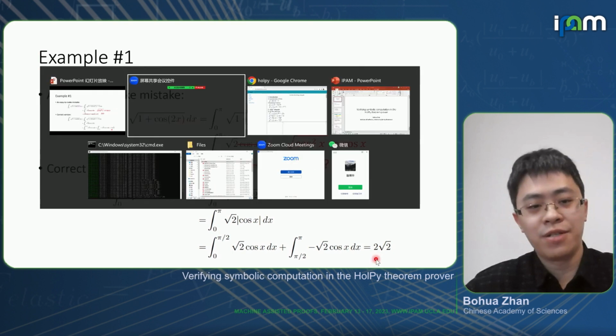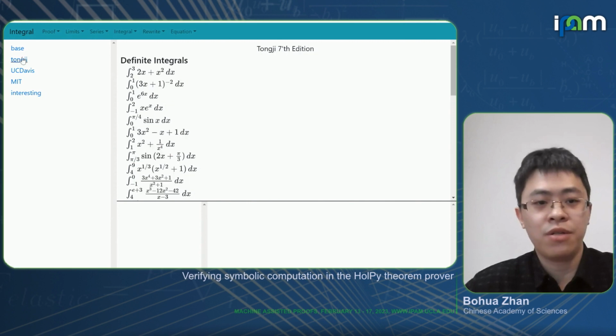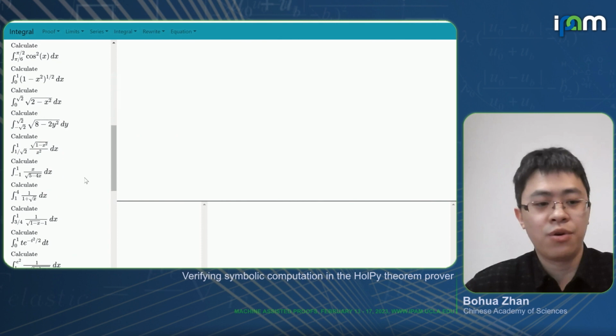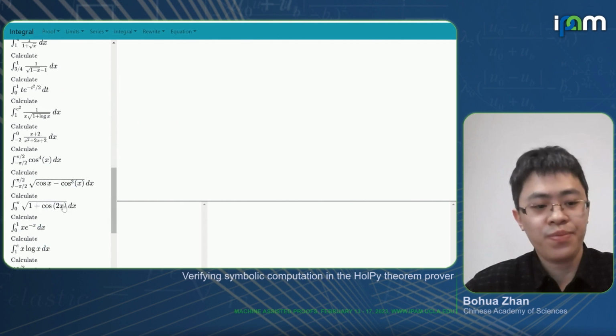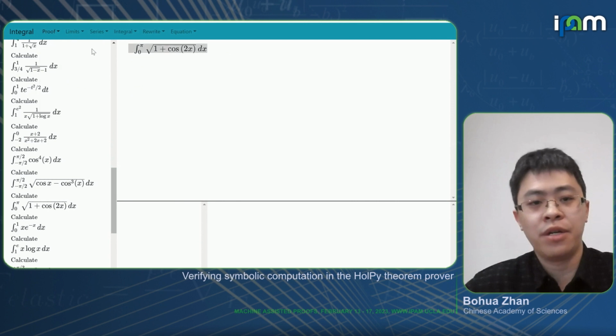Okay, so now let's see how we can do this integral in our tool. This is the user interface here, and we just go to the integral that we want to do. This is already done, so I just clear the calculation here. Starting from this expression, the first step that we need to do is to use a trigonometric identity.